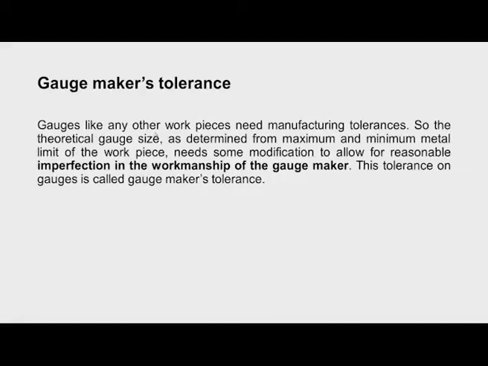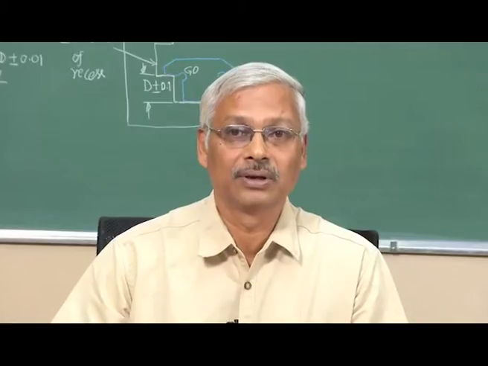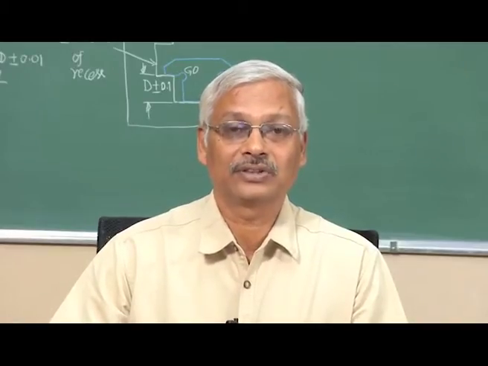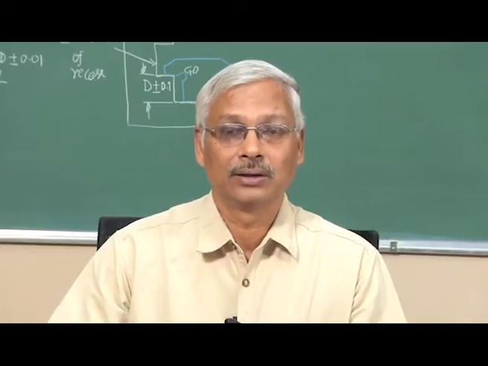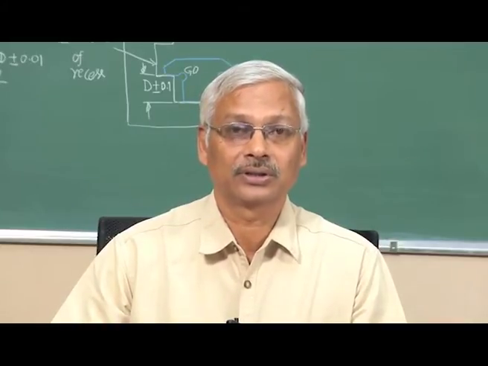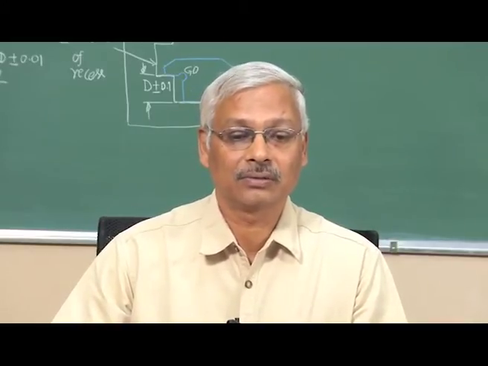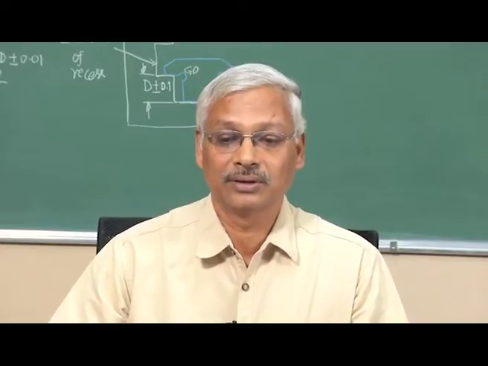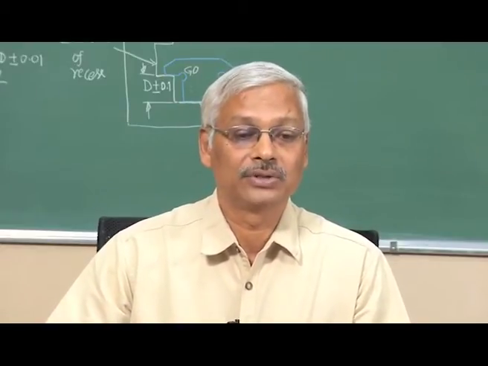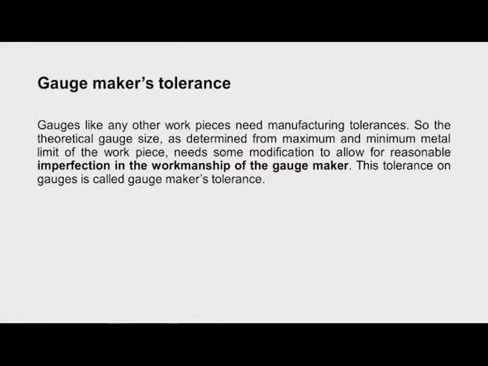Gauges, like any other engineering components, need manufacturing tolerances to achieve economical production. In the case of gauges also, some tolerance is provided, which is known as gauge makers tolerance, and producing exactly to size is always very expensive.